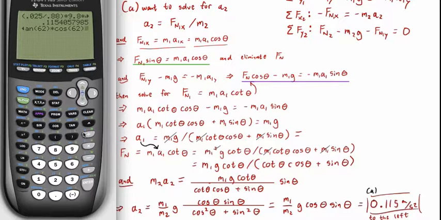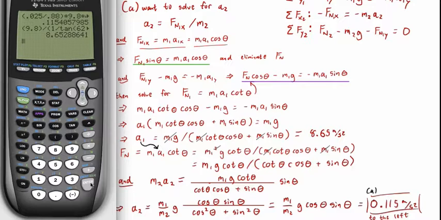And then we're adding sine, plus sine of 62. Close out everything in the denominator, and we get 8.65. And that would make sense. It's much less massive, and so it should be accelerating quite a bit more. So that's the magnitude of the acceleration of block 1.